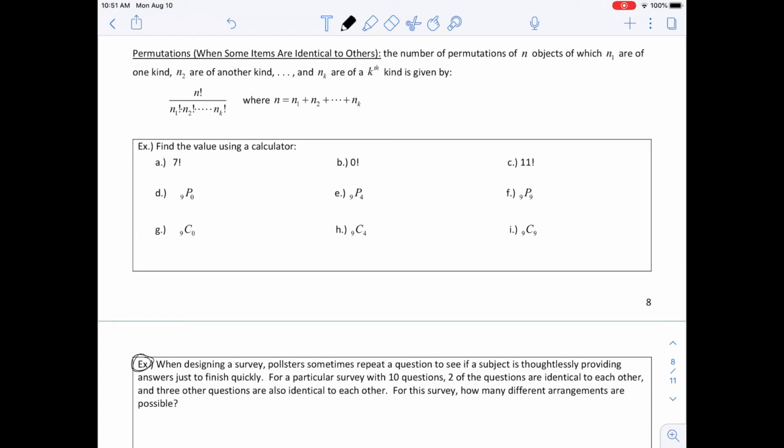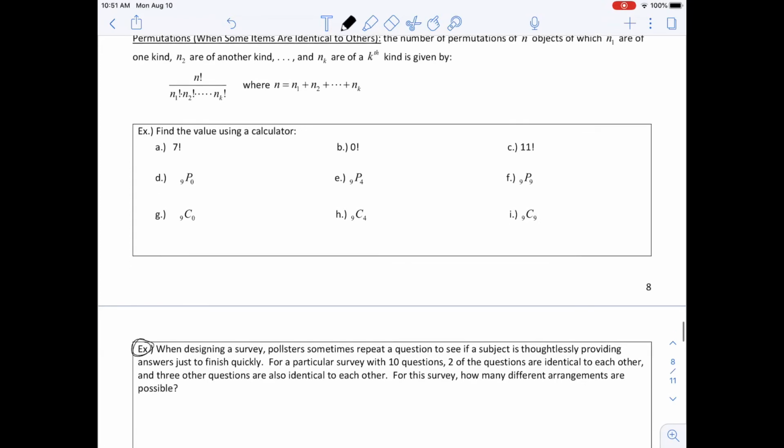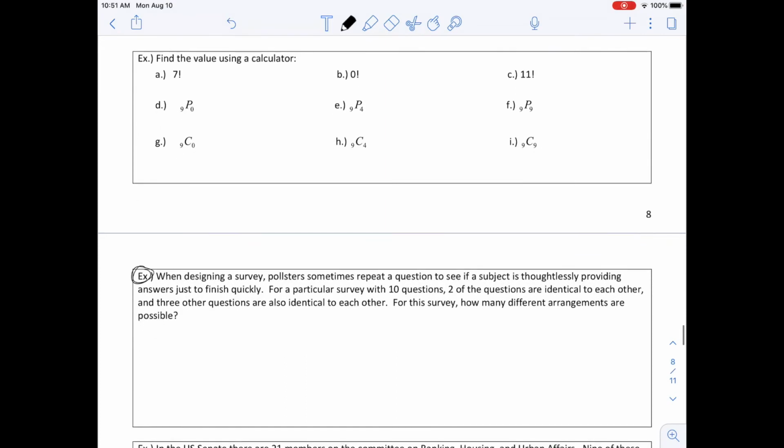So the number of permutations of N objects of which N1 are of one kind, N2 are of another kind, and so on, and we'll say Nk are of the kth kind, is given by N factorial divided by N1 factorial times N2 factorial times all the way through to Nk factorial. And notice that N is equal to N1 plus N2 plus, all the way through to Nk.